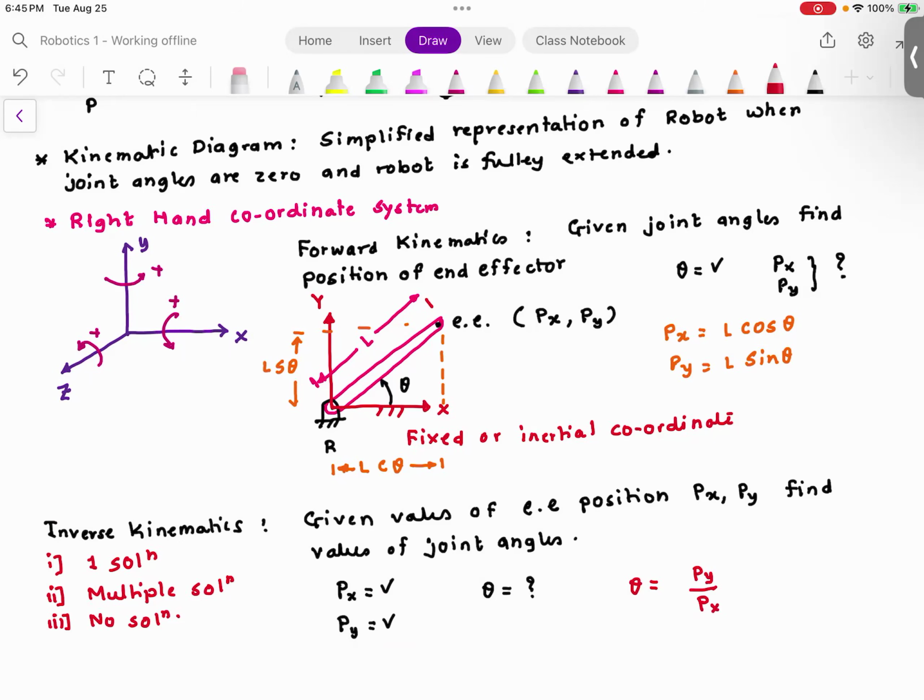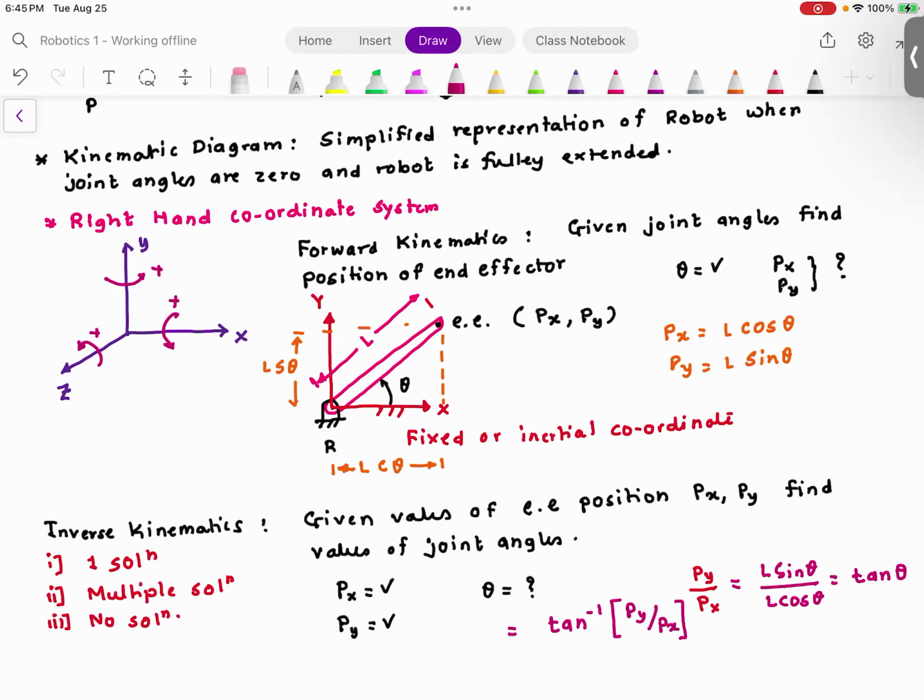Py by Px is nothing but L sine theta divided by L cosine theta. So you are going to get tan theta. So if you want to find out theta, theta can be found out as tan inverse of Py by Px.